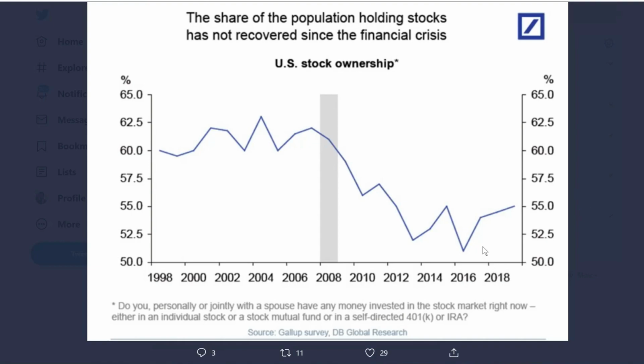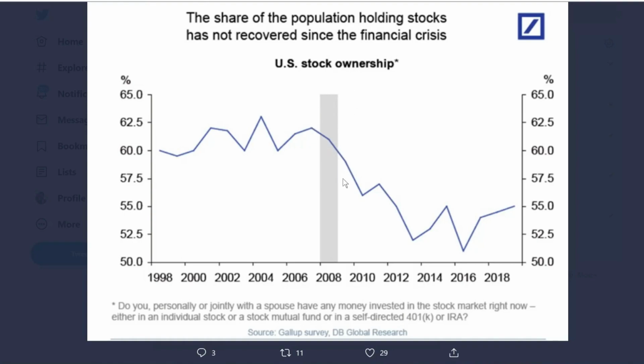And if you look at where it got to at the bottom, just over 50%, we'll call that 51%, so from 63 to 51, that's 12% of the population. That's not small.